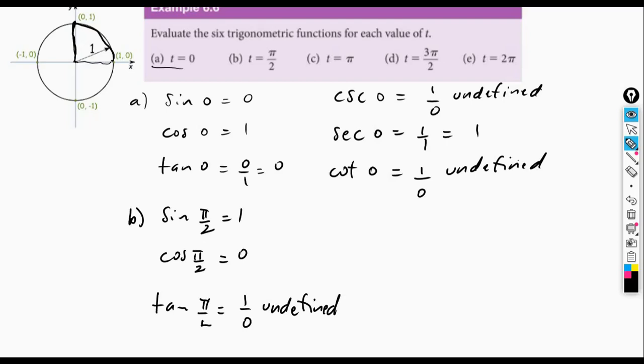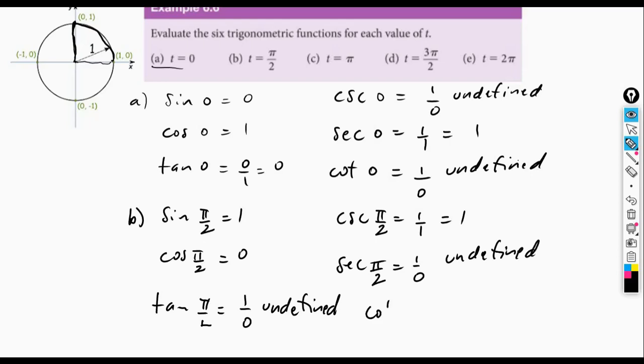Then we have the reciprocals. Cosecant of pi halves is 1 over 1, or just 1. Secant of pi halves is 1 over 0, therefore undefined. And finally, cotangent of pi halves is 0 over 1, therefore 0.